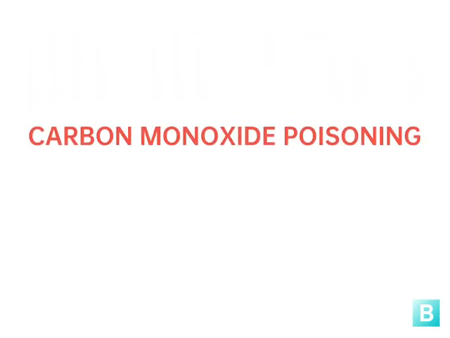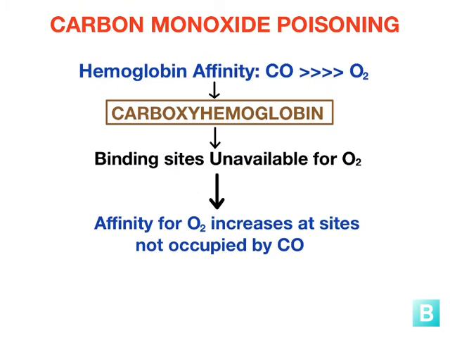Now, can you guess what the curve will look like in cases of carbon monoxide poisoning? Well, hemoglobin has 250 times more affinity to carbon monoxide as compared to oxygen, and it will bind firmly to hemoglobin to form carboxyhemoglobin. This decreases the binding sites available for oxygen.